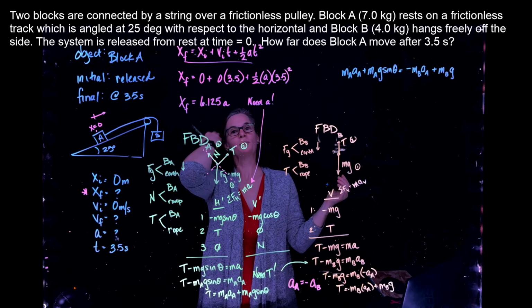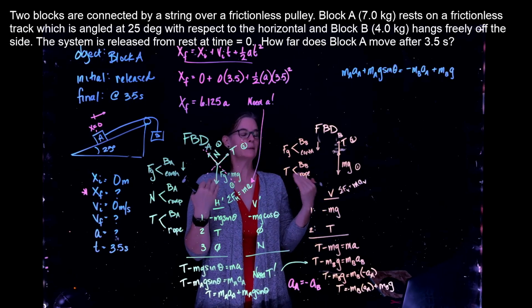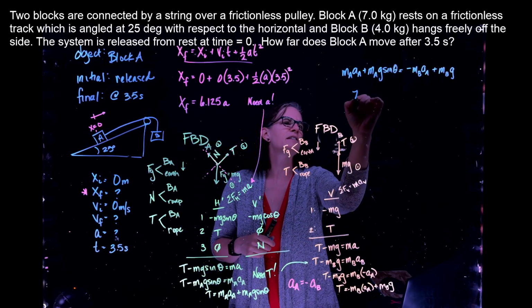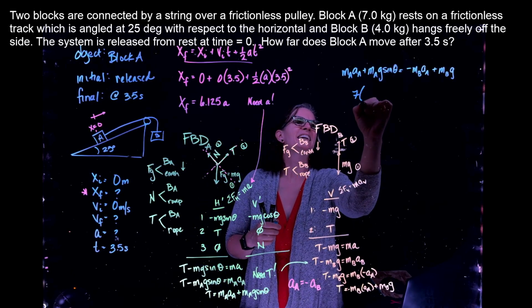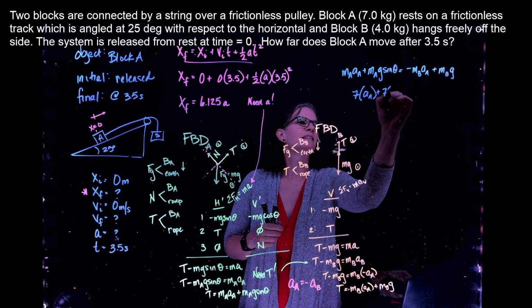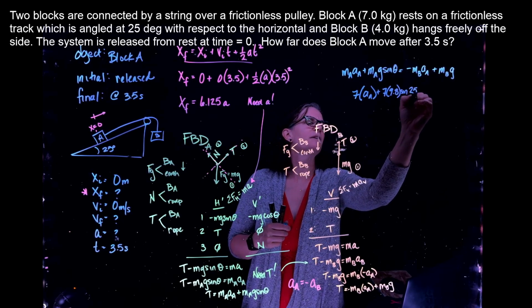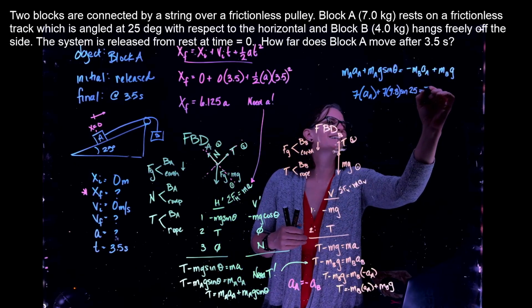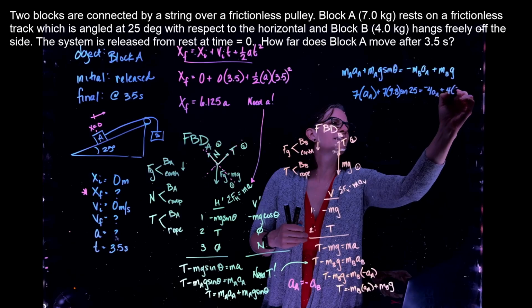Now, like I've shared with you multiple times, you can solve this and certainly then plug in numbers later. I'm kind of a numbers girl, so I like to put numbers in. So I have 7, mass of A is 7, times the acceleration of A, plus 7 times 9.8 times the sine of 25 equals negative 4 times the acceleration of A, plus 4 times 9.8.